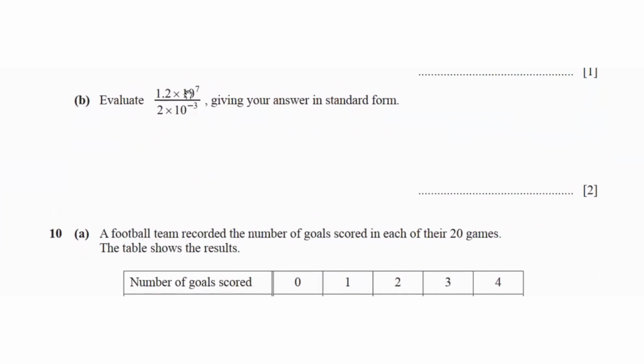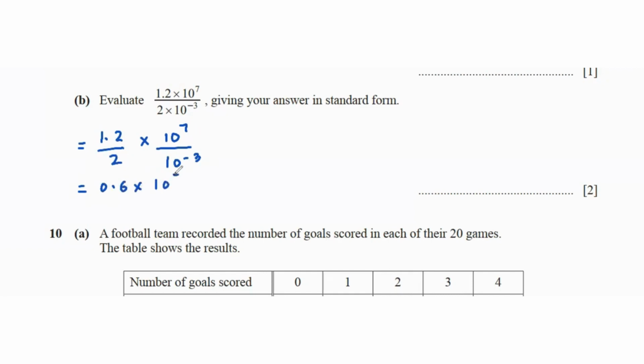Then part B says evaluate 1.2 times 10 to the power of 7 over 2 times 10 to the power of negative 3. Give your answer in standard form. So we know 1.2 divided by 2 will be separate over here. And 10 to the power of 7 divided by 10 to the power of negative 3 is going to be separate. So we're solving the exponent separately and the constant separately. So 1.2 divided by 2 is 0.6.